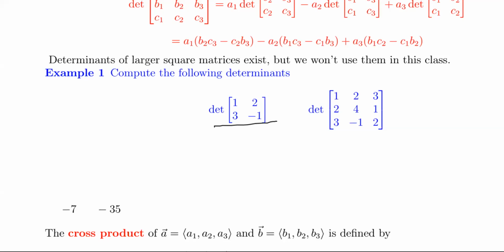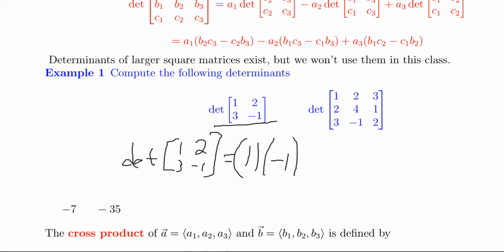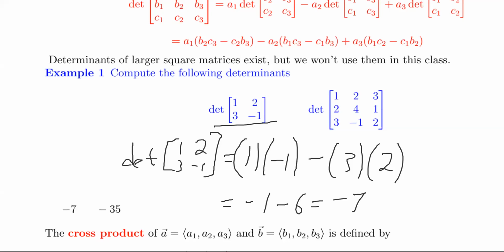The determinant of 1, 2, 3, -1 is 1 times -1 minus 3 times 2. So this is -1 minus 6, which is -7. And that was simple. 2 by 2 matrices are pretty simple to find the determinant of.